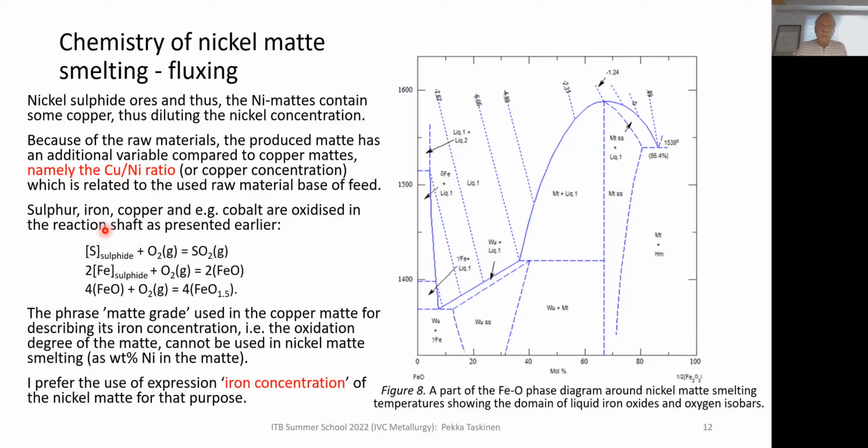So this matte grade is not a good variable in nickel smelting if we look only at the concentration of nickel in the matte.